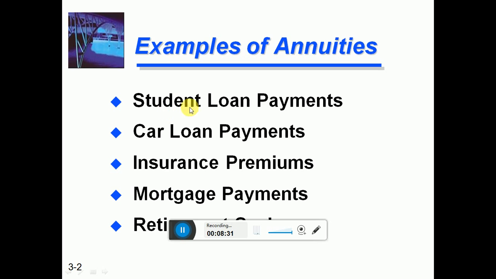Suppose after you took a student loan, you complete your education, now you are on a job, and from your salary you are making equal payments to the bank. Car loan payment, we discussed car loans previously. Insurance premium, bima. In insurance, after 1 year or after a month, you are making payments to the insurance company. So equal periods, equal payments.